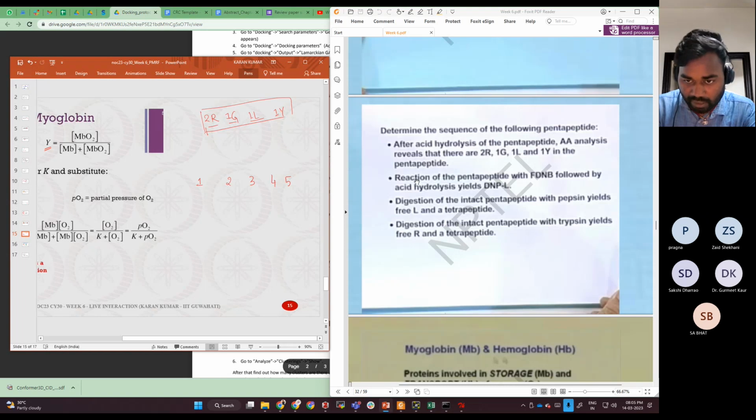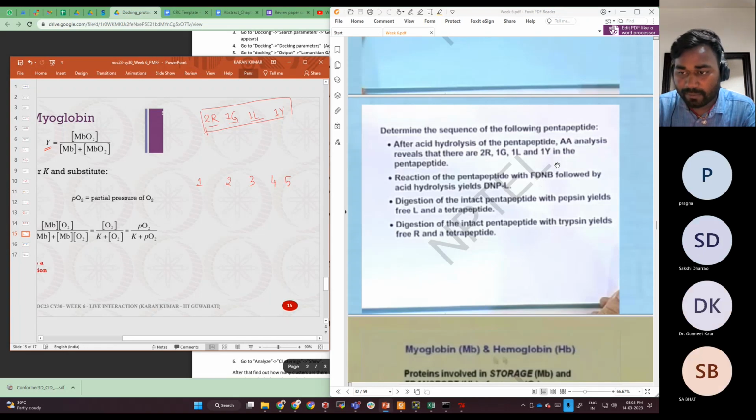Now in the second hint, what was given? Reaction of the pentapeptide with FDNB followed by acid hydrolysis yielded DNP-L. Now, can somebody tell me where the FDNB, which is the degradation reagent, will react?